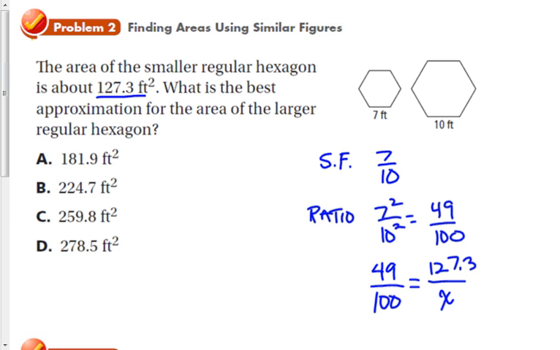And we're going to use the cross product property to figure this out. So we get 49 times x is equal to 127.3 times 100.